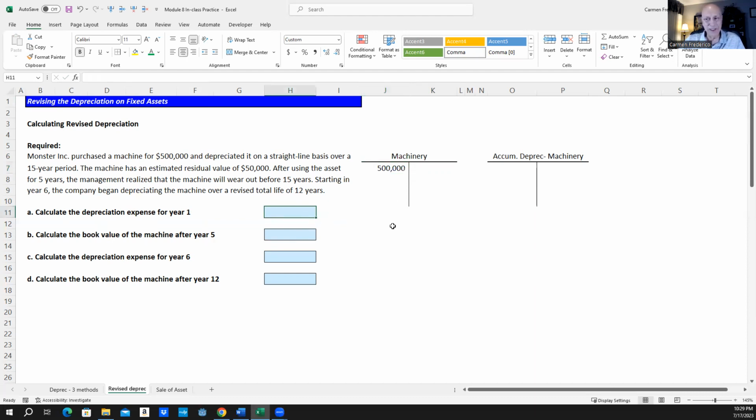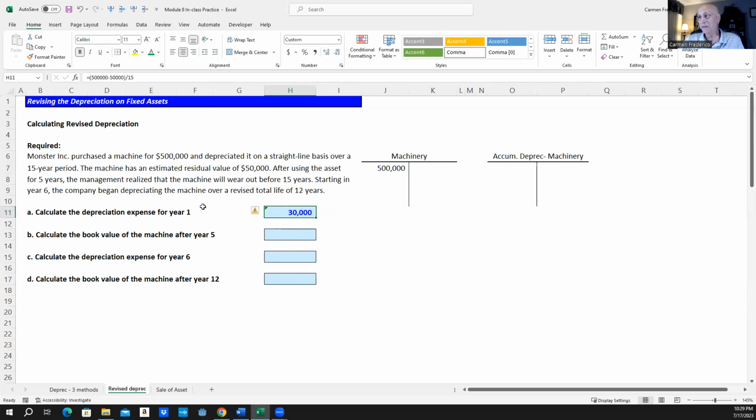So day 1, when we start depreciating this asset, what is the depreciation expense? Well, it's going to be the cost of $500,000 minus the salvage value, which in this case is $50,000, divided by the estimated useful life, which was initially 15 years. So day 1, we were depreciating $30,000 a year.